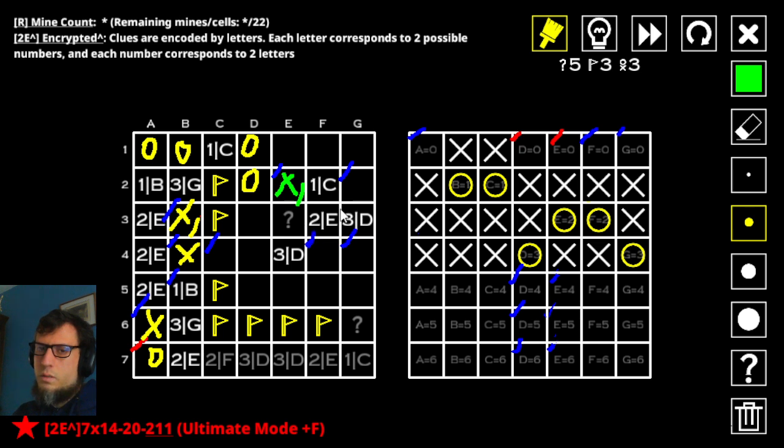However, D also can't be 1, so if only one of those is a mine, that can't be the case. So more than one of those has to be a mine. But the only other option to make that happen is E equals 4, which would therefore require this. And this would also force all 3 of those to be mines, which means this part of the C would have to be either 4 or 5.